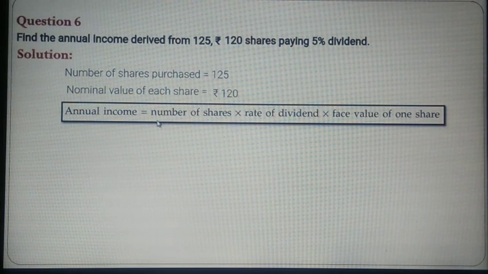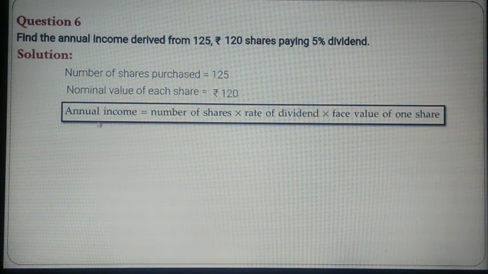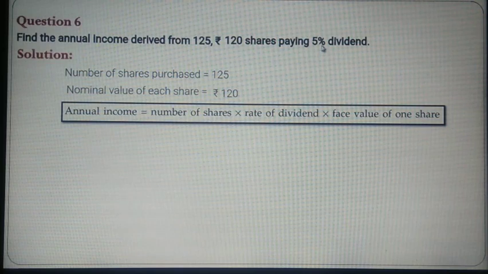And as I said earlier, this problem can be solved using a direct formula, and that direct formula is this one. So we know that the annual income is given by number of shares into rate of dividend into face value or nominal value, right? So what is number of shares? It is 125. What is rate of dividend? It is 5%. And what is face value of one share?